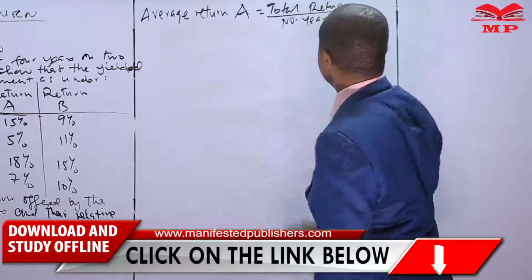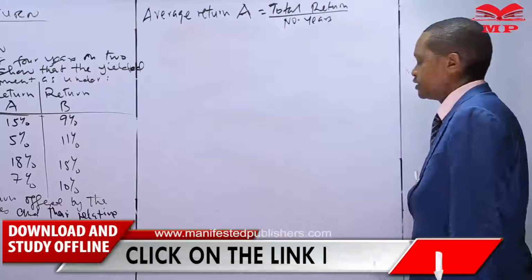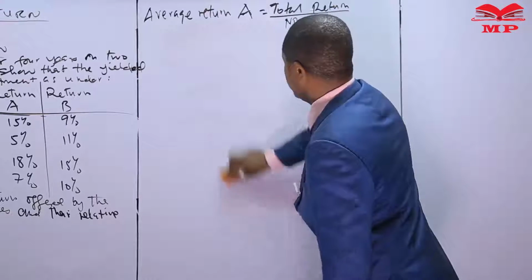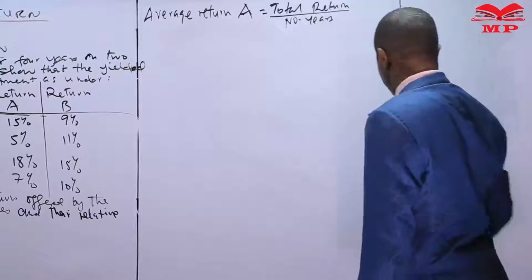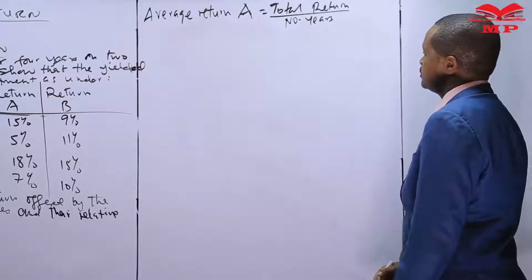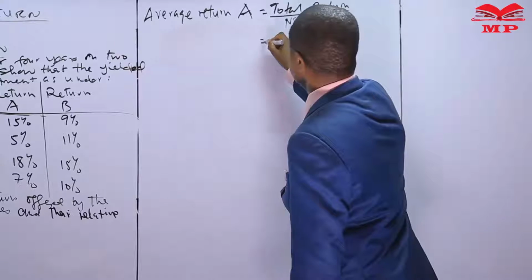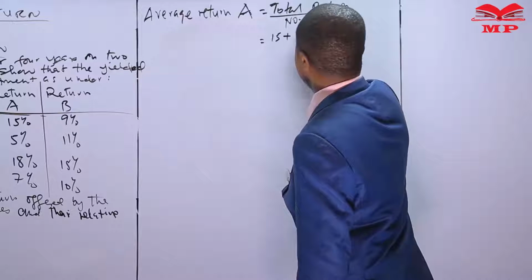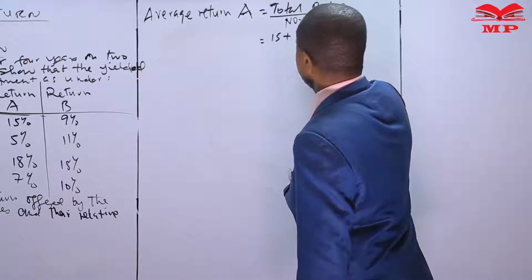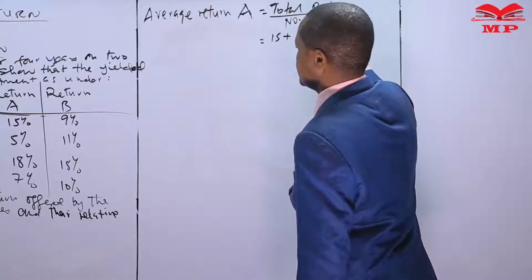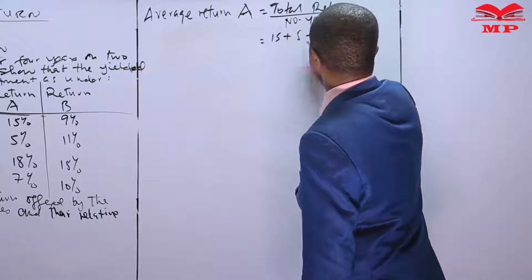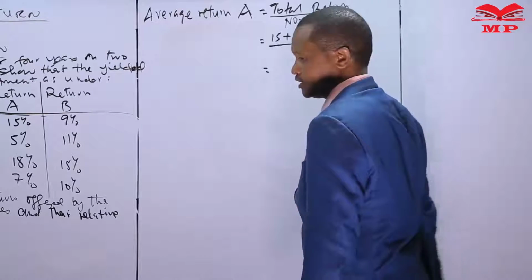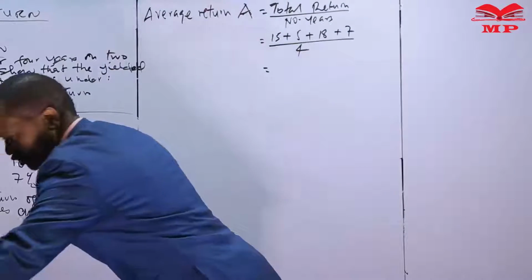That will give us the average return. So the total here will be 15% plus 5% plus 18% plus 7% divided by 4 years. That will give us a return as a percentage.